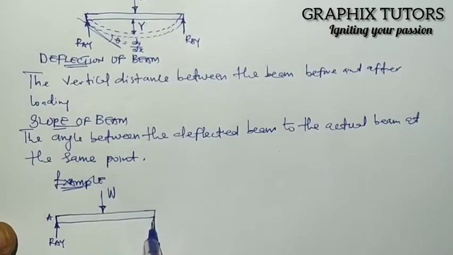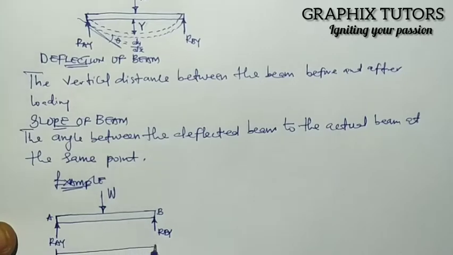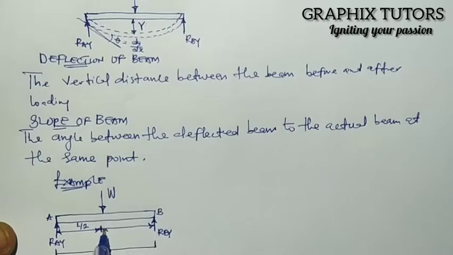We have the reaction here at point B, we call it RBY, right? The distance between point A and point B is given as L, and the distance from point A to the middle is L over 2, and from here to here is still L over 2, right?